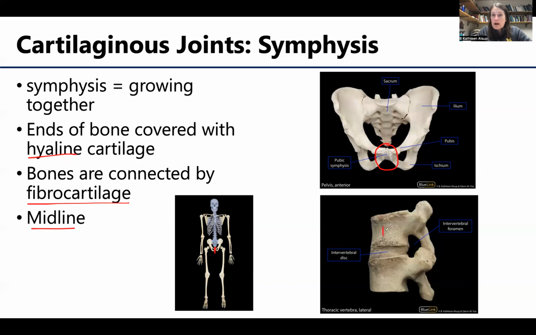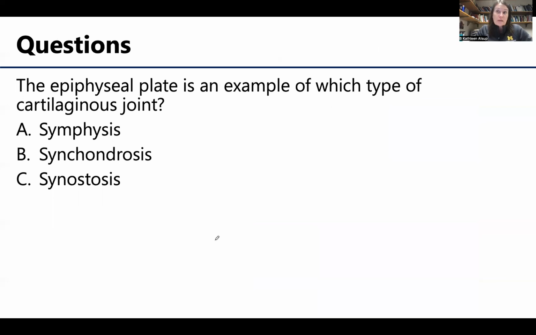These are between the bodies of those movable vertebrae. Right in here, this is going to be the body of one vertebra, the body of another, and this is going to form a symphysis. And of course, we know that the vertebral column is right there in the midline. All right, excellent. So that's all you really need to know about those basics of the cartilaginous joints.